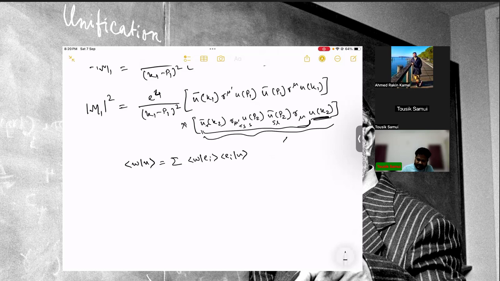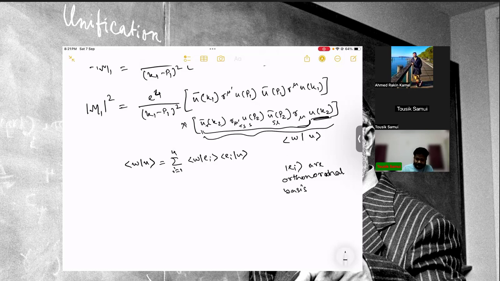So this is w, and this is in the spinor space. So i runs from 1 to 4, where e_i are orthonormal. So this we can always do, right? For a finite dimensional space, we can always choose some orthonormal basis.